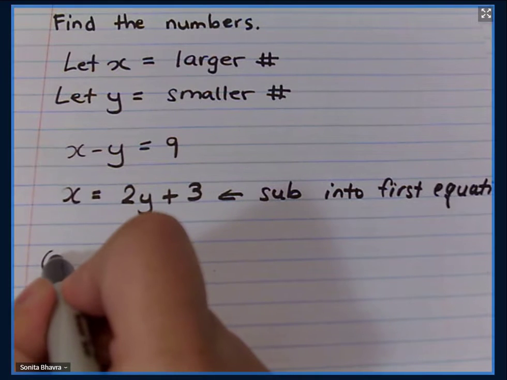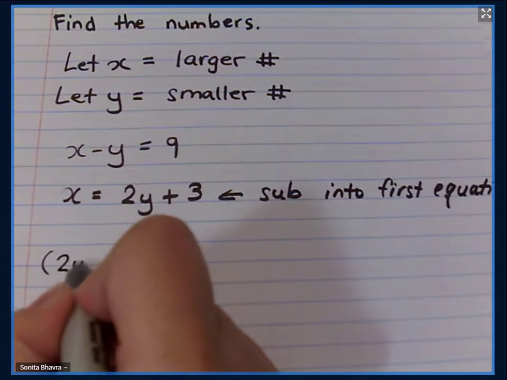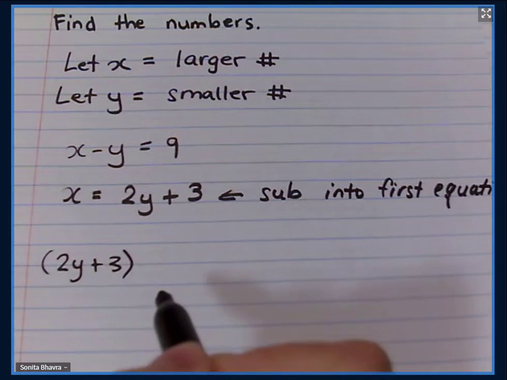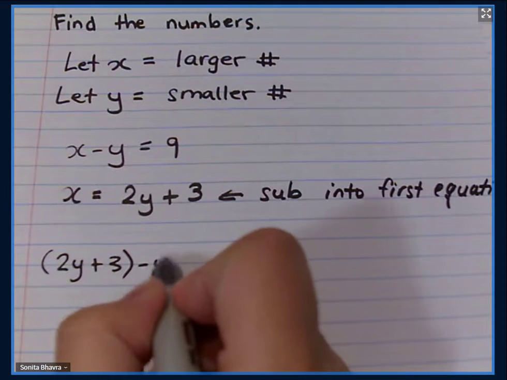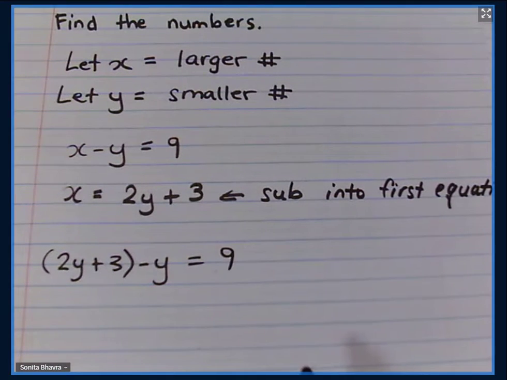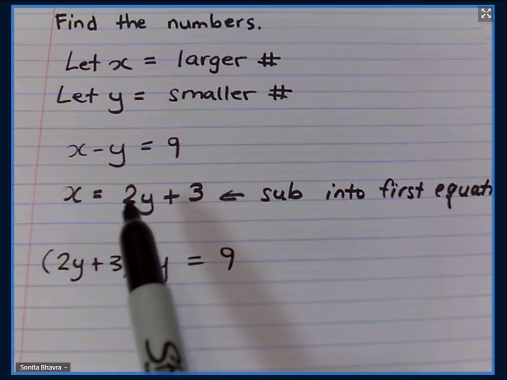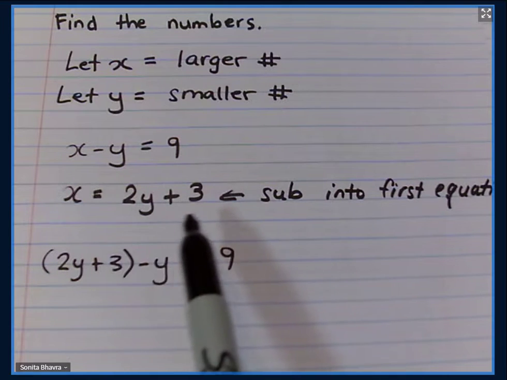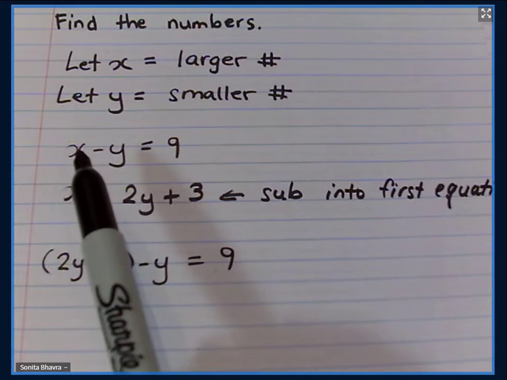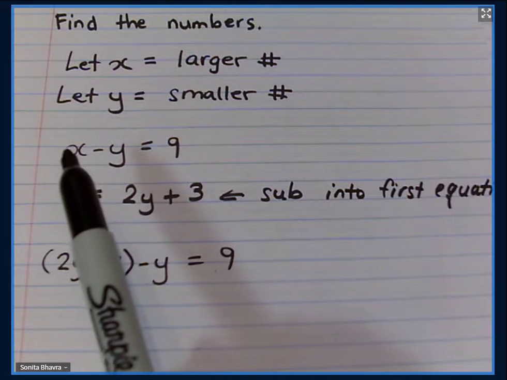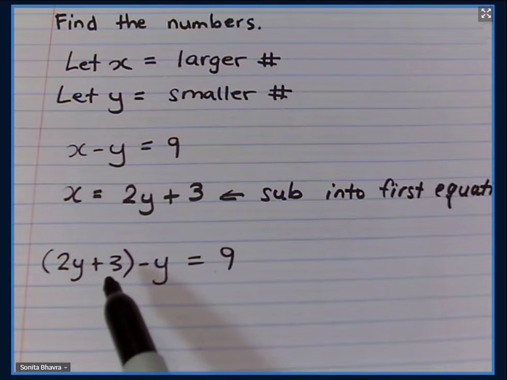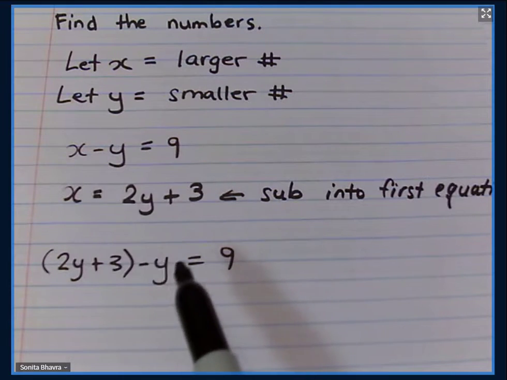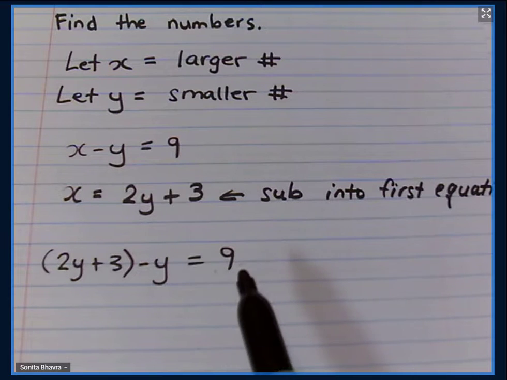That's what I'm going to show right here. So 2y plus 3 minus y equals 9. All right, so all I've done is taken x is equal to 2y plus 3. I substituted it into x in the first equation. So 2y plus 3, then we had the minus y, and it's equal to 9.